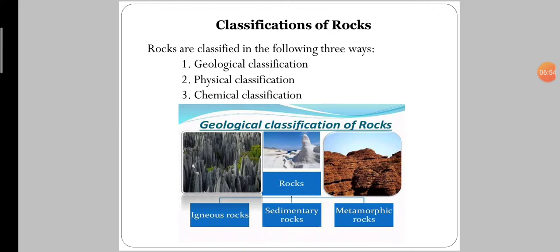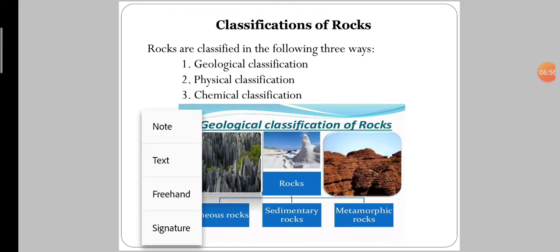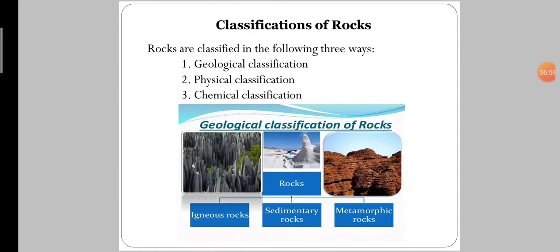It is formed by the accumulation or deposition of small particles. That is known as sedimentary rock. Examples are sandstone, limestone, gypsum or gravel.